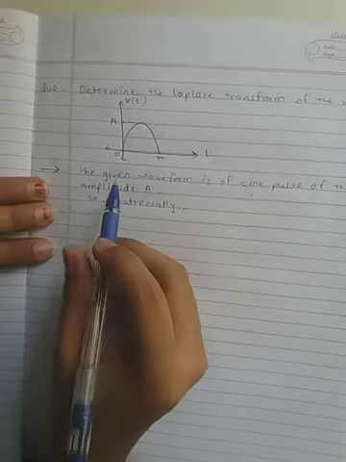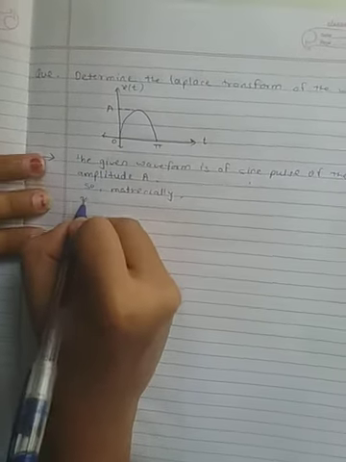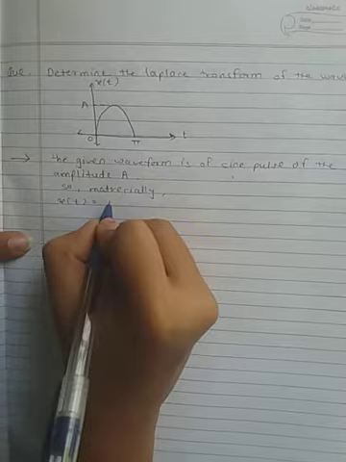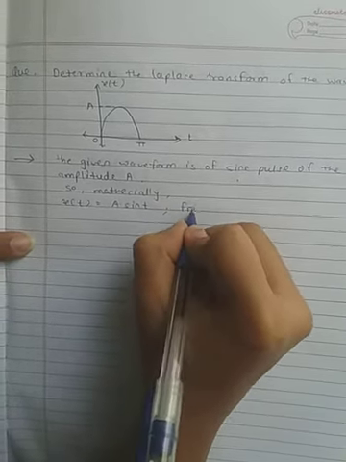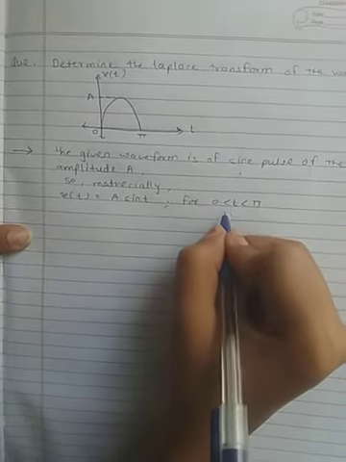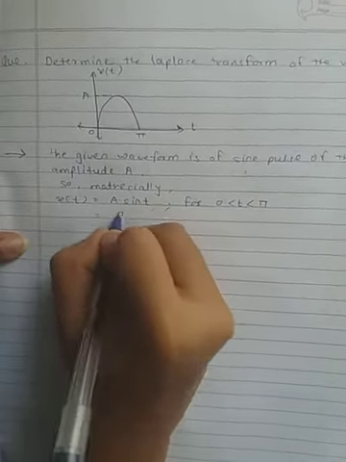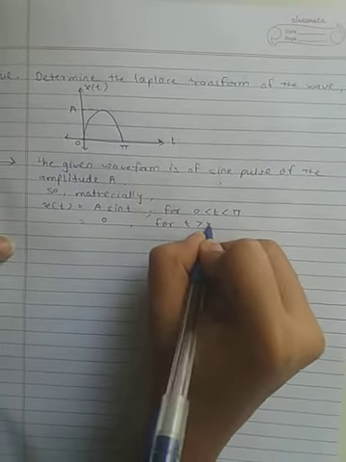The equation of the waveform is x of t equals A sin t for the region 0 to pi, and equals 0 for the region greater than pi.